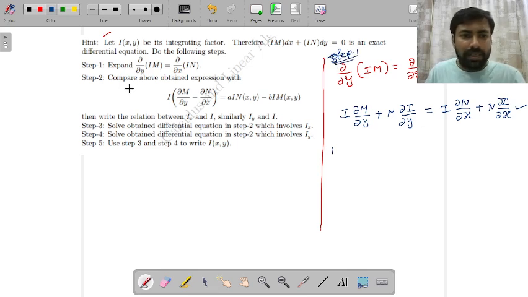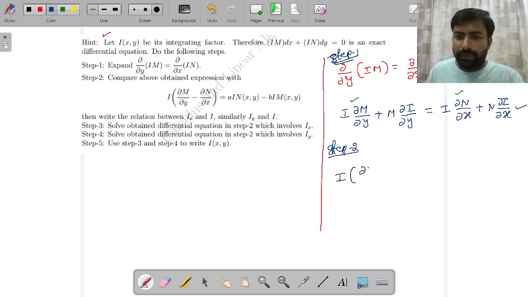Next they are asking us to compare the above obtained expression with this expression. First of all, let me try to get this expression into this form, then later we can compare it. Here I have ∂M/∂y minus ∂N/∂x, taking I common. So now step 2: bring this expression to one side.